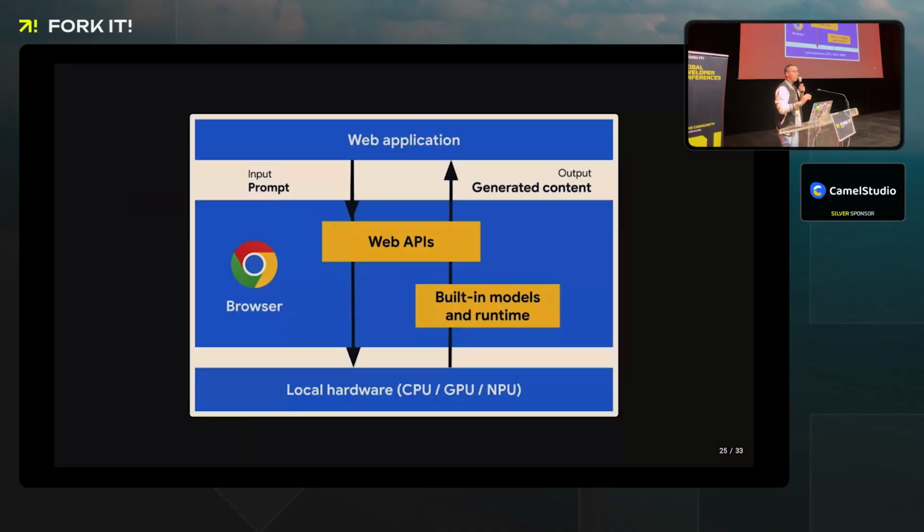So how does it work? You have your web application here. When it wants to do some AI inference, it will call some web APIs that we'll see an example of later. And using the built-in models like Gemini Nano, for example, and your local hardware, CPU, GPU, NPU, whatever you have, everything is managed by the browser. We, as developers, only need to know the web APIs.